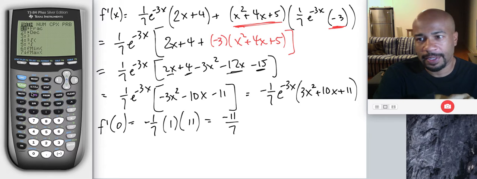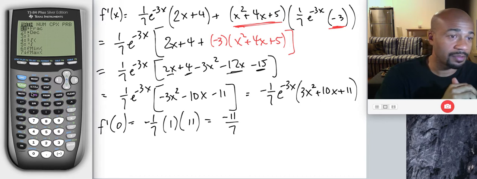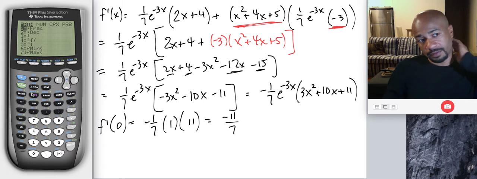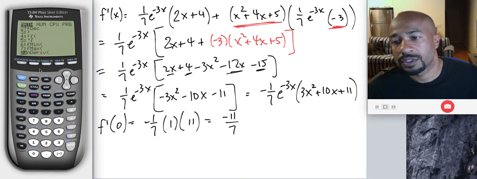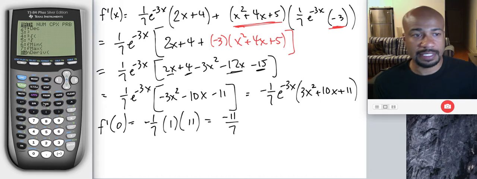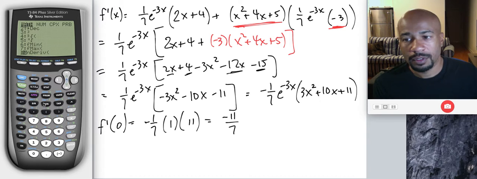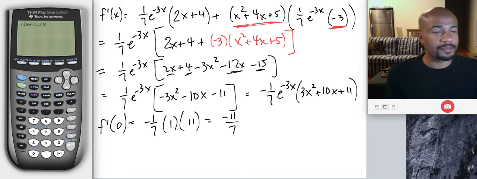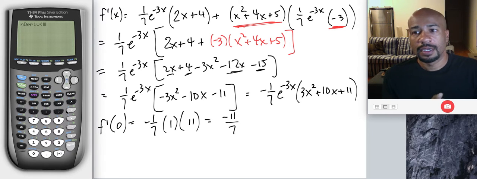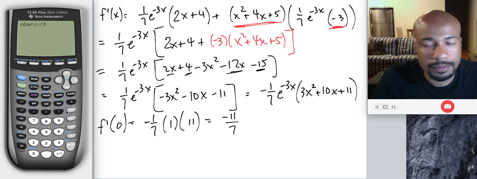So I would recommend that if you have a TI-83 or 84, it's perfectly fine to use. But you can hit the math button and then scroll down to what's called n derivative. So you can take a certain number of derivatives, and this is going to give me the numerical value at that function.